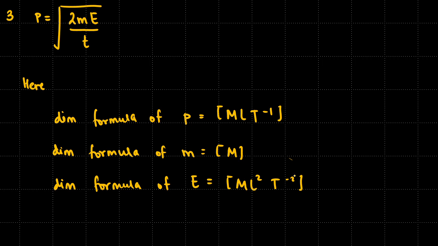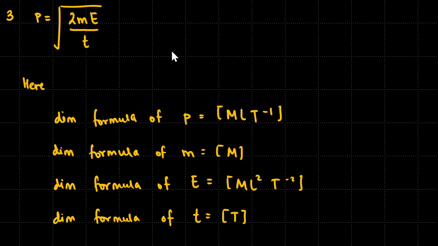This is force into displacement, this is energy upon time, mass is just mass. And finally, dimensional formula of T is time, because T is time. So I'm not going to write that 2 is dimensionless, if you want to write it. I'm not writing it because I would have to fix it again. I would have to move all of these above.